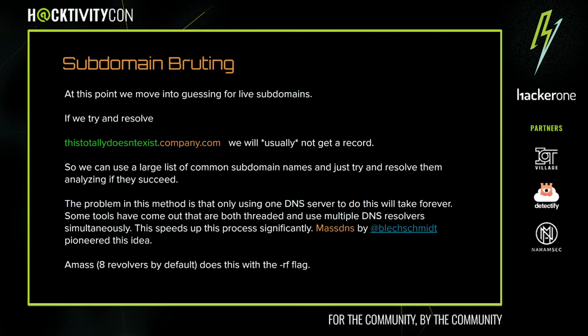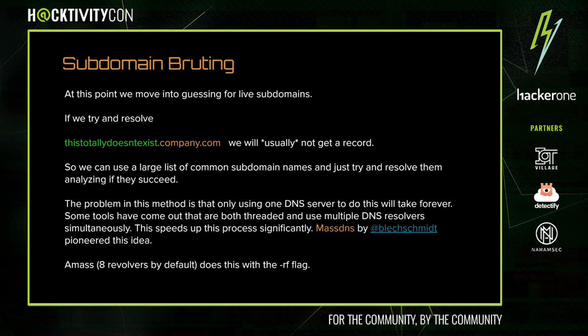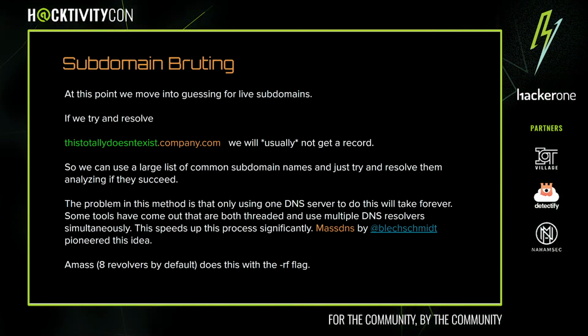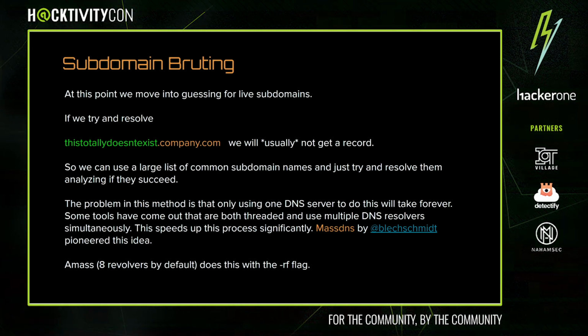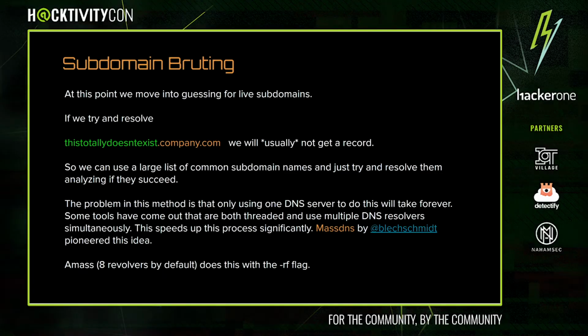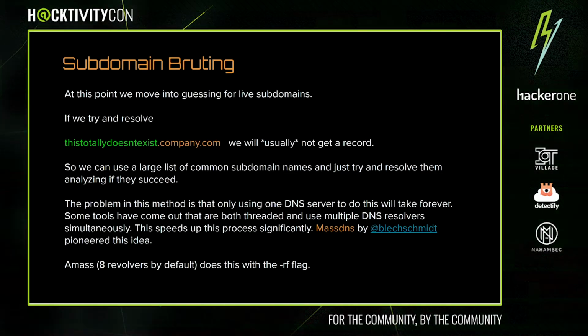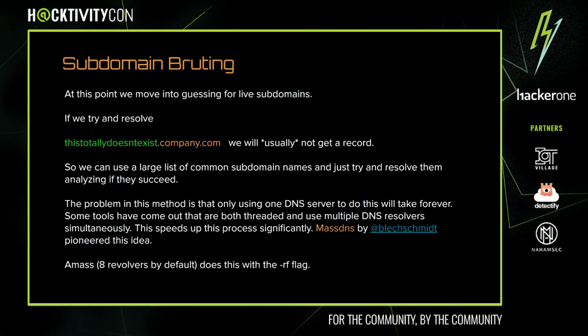So, you can imagine all these DNS resolutions could take a lot of time, and Fierce, with a giant word list of brute forcing stuff, could take a long time to finish, or some of these older tools. Well, MassDNS basically cuts that work up along multiple DNS resolvers, and you can do this in 1/10, maybe even 1/20th the time that you used to be able to do it before.